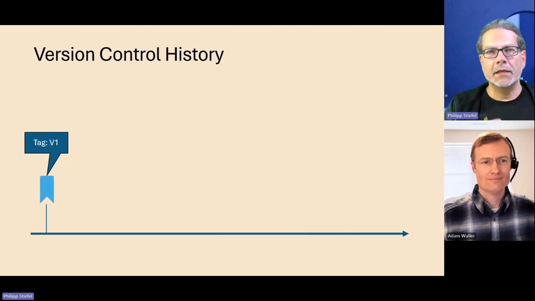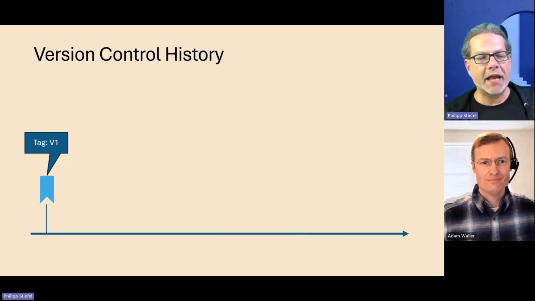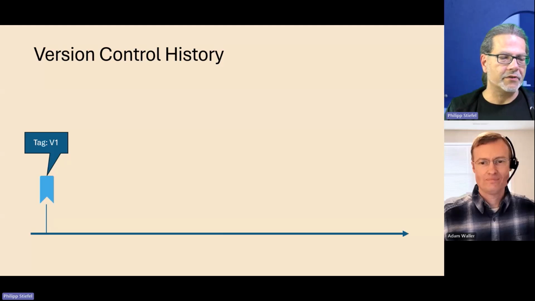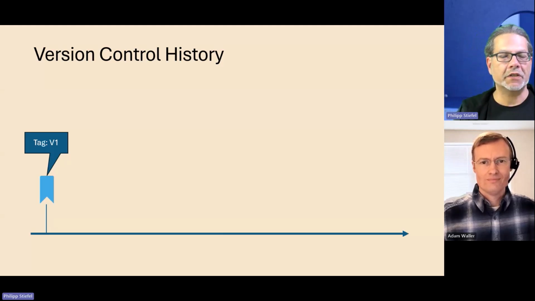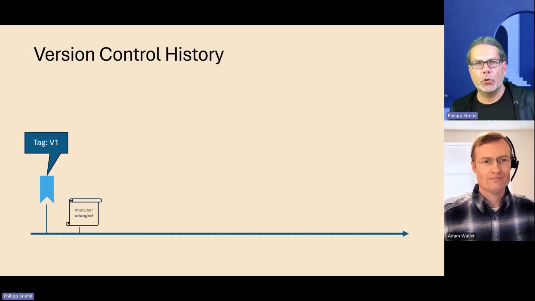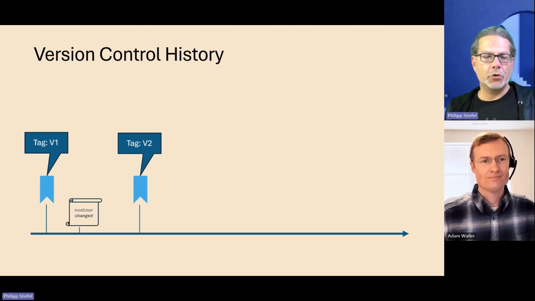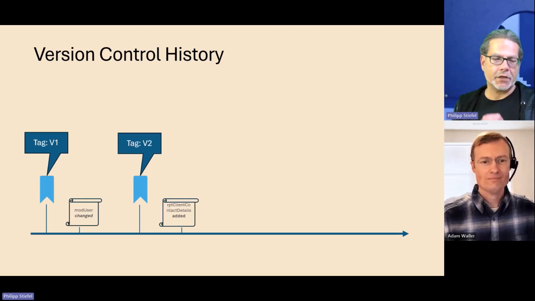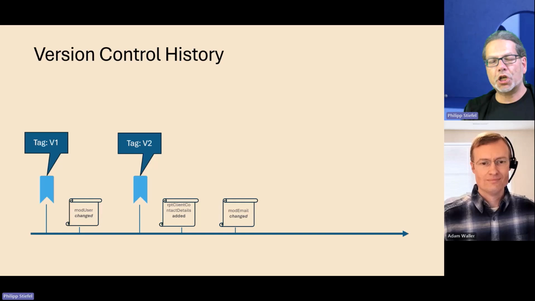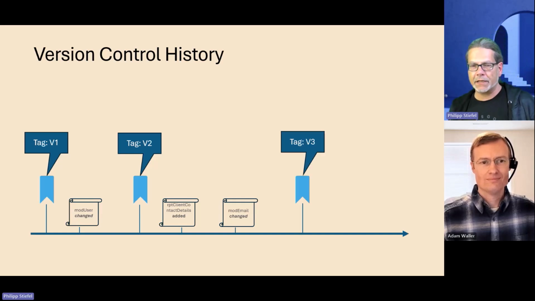You start with one defined state. Either you added the project to the version control repository or you applied a tag to a certain state, and then you start working. You changed a module, you apply a new tag to label a new state, you add a new module, you change another module, and you apply yet another tag.